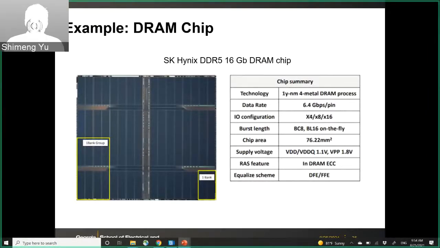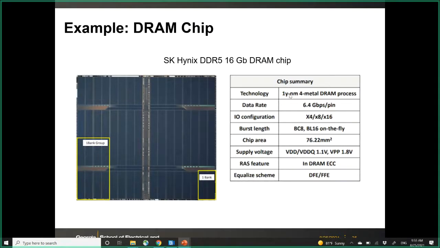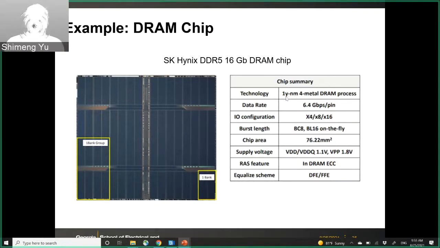All right, then let's switch gears towards more standalone memory chips. So here is a DRAM chip by SK Hynix. This is a DDR5, and we will talk about the DDR protocol later when we talk about the DRAM. But this is one of the latest generations. This DRAM chip in total has a capacity of 16 gigabits, and it's in the 1Y node.